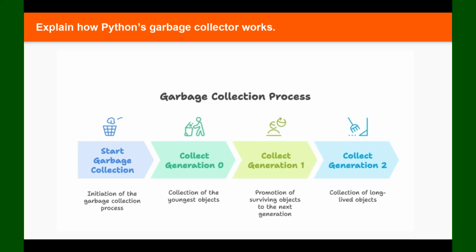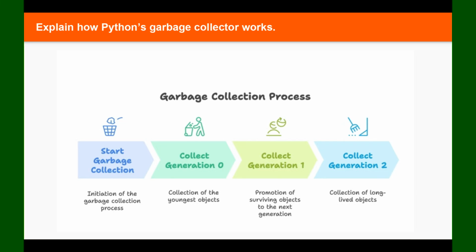In cycle detection, reference counting alone cannot handle circular references, for example, two objects referencing each other. The Python garbage collection module uses a generational garbage collector to detect and clean up cycles.